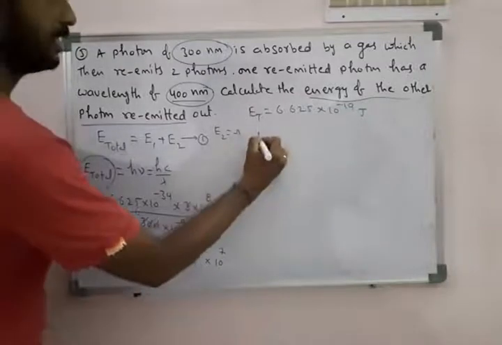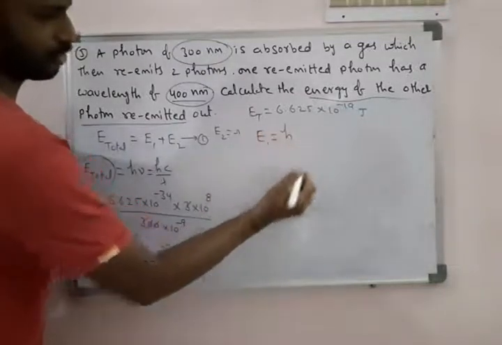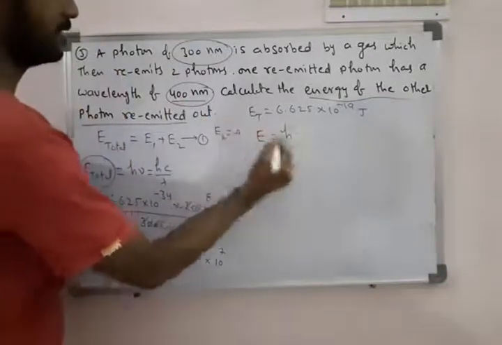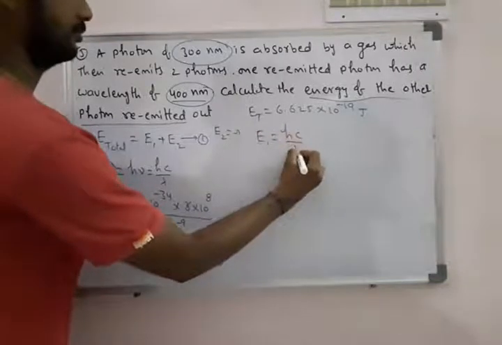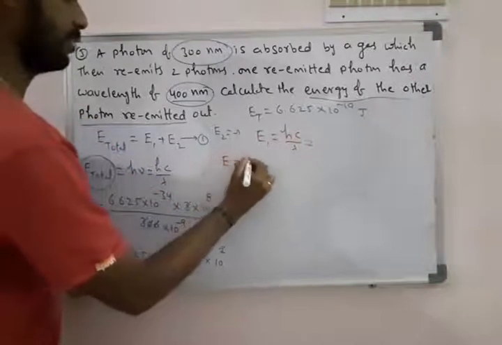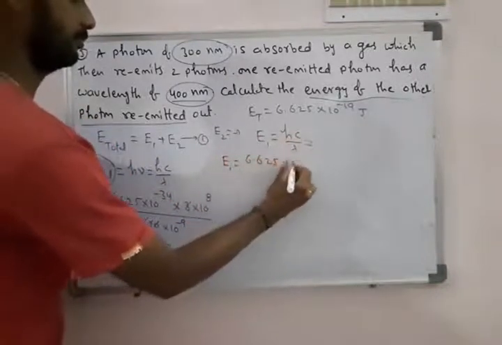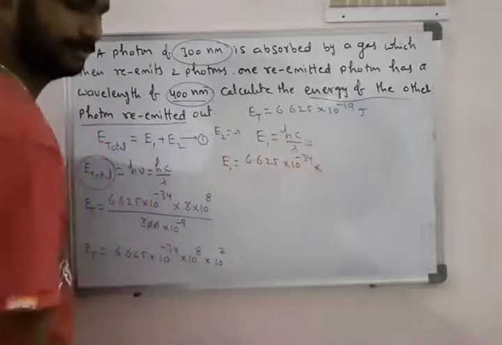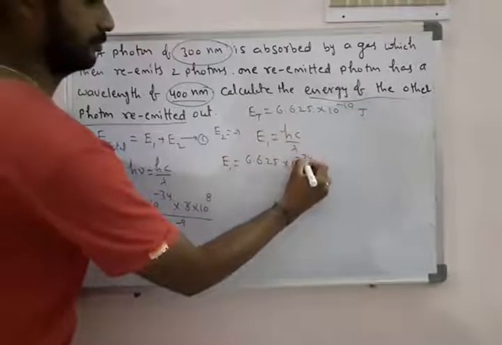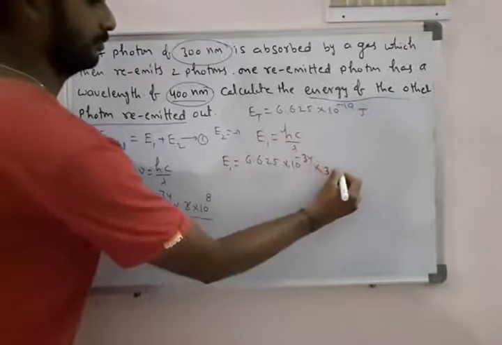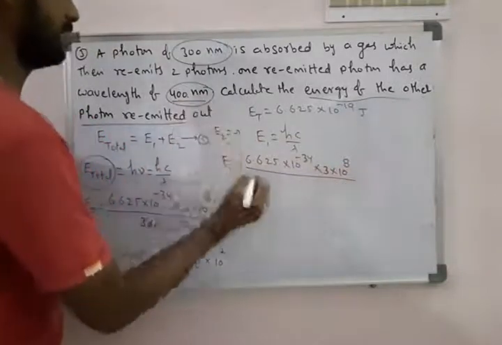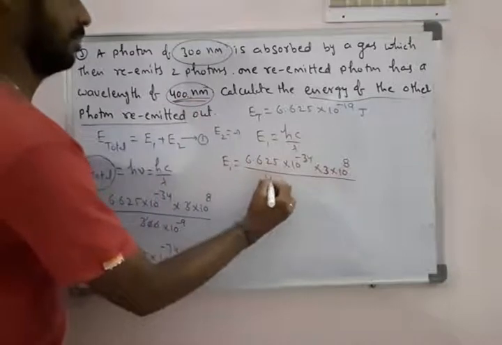Now we will see the calculation of E1. For E1 also there is h. The formula is the same for every photon, that is h c by lambda. With c as 3 into 10 to the power 8 meters per second, the lambda is given as 400 nanometers.